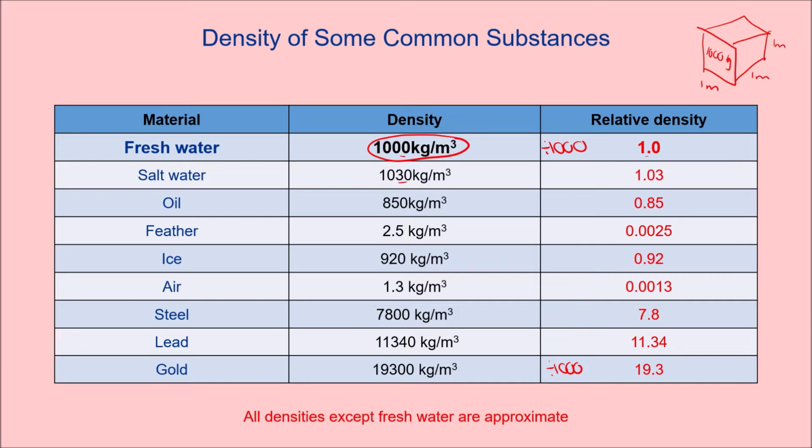Bear that in mind, because in some of these questions you're going to be given a relative density and you have to transfer it into an actual density, and vice versa. The opposite of dividing would obviously be multiplying. So if I'm given a relative density of 1.03, I multiply that by 1,000 and that will give me my actual density of 1,030. A bit of new terminology for us, but relative density is always relating back to that of water.